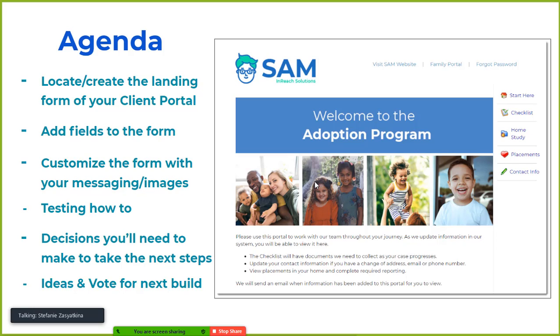But we'd like to talk about some of the ideas of what other folks are putting on the client portals where they've got them implemented. And then take a vote on where we want to focus our time for the next call. I have another 2 calls next month that we'll talk about towards the end.